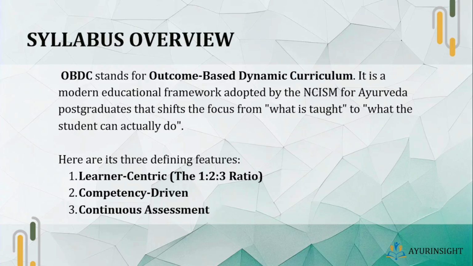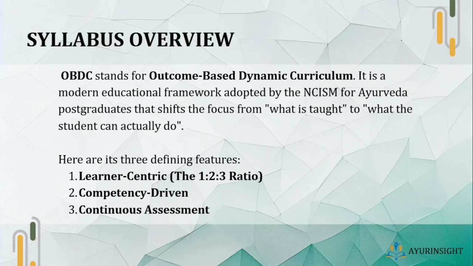Then it is continuous assessment. Previously, in the previous syllabus, there was directly a university exam taken after the 1 year span. For the whole year you had to learn those subjects, and after the year you had to give those exams. In the previous MD curriculum there were examinations in pre-MD and final MD.